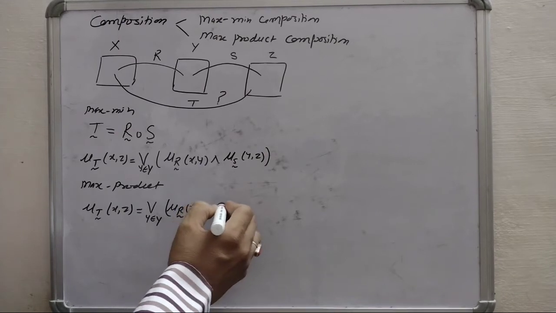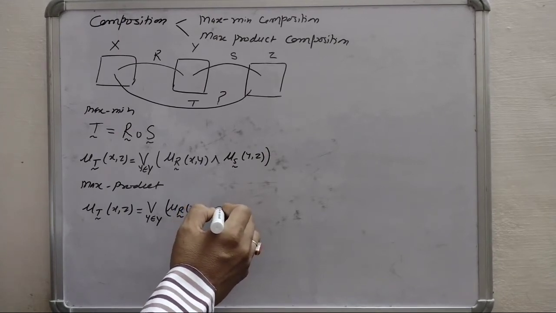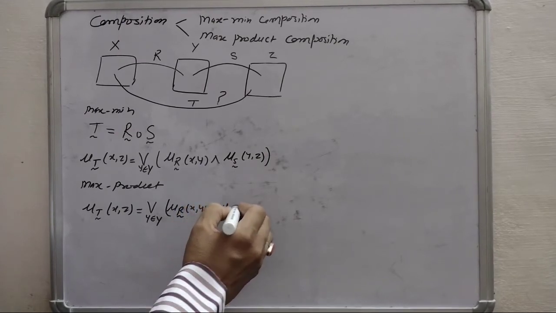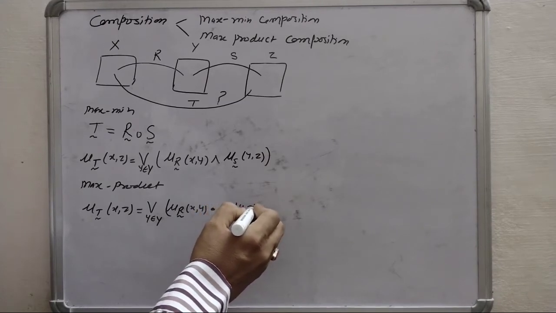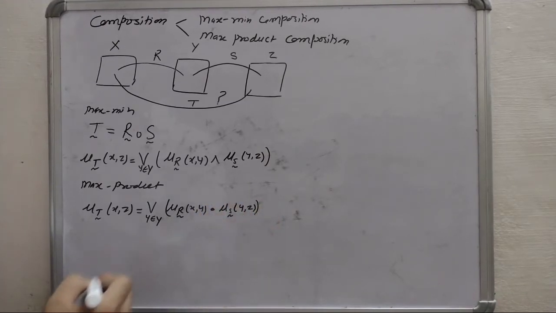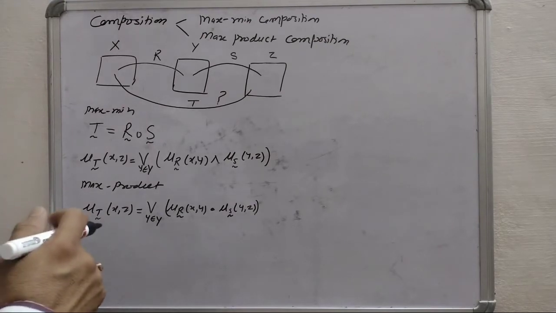This is arithmetic product. Then mu S(y, z). In this way, we can calculate max-min composition and max product composition in fuzzy relations.